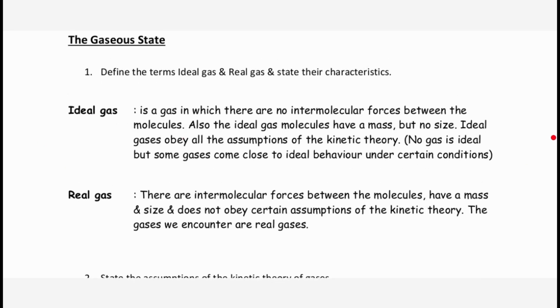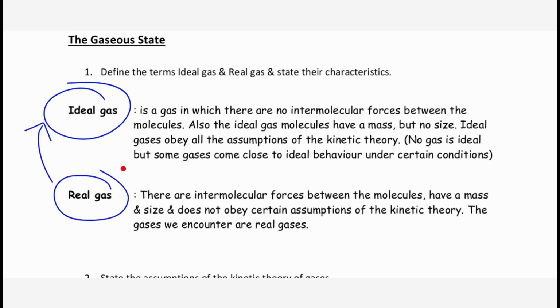Now, you might wonder, if there's no ideal gas, why we study about ideal gases. Ideal gases obey the assumptions of the kinetic theory, and there are certain conditions where real gases will come close to ideal behavior.